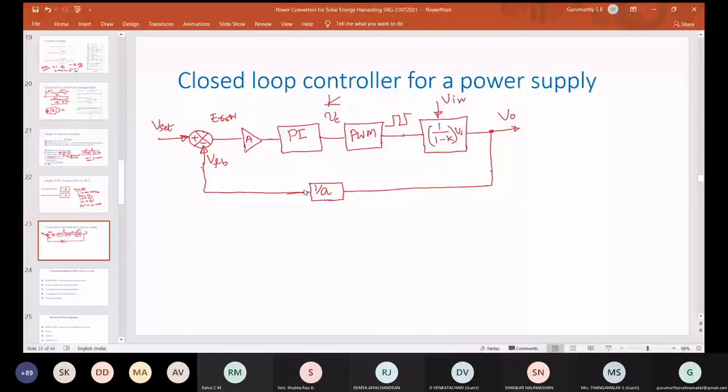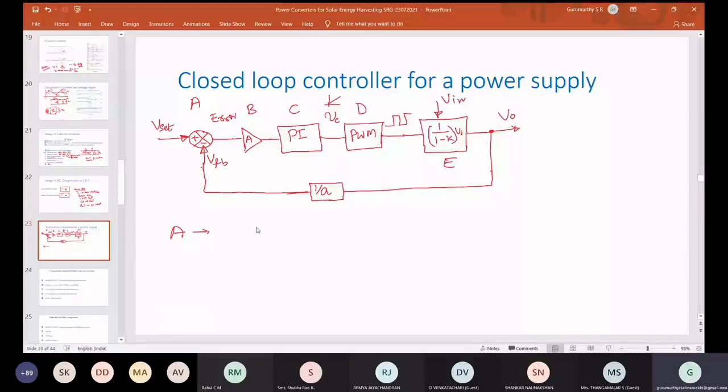You see here, I will just label the blocks A, B, C, D, E. A is actually computing the error, so one error amplifier is required: error computation and amplifier.